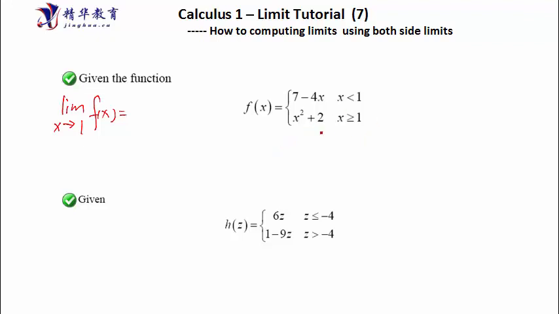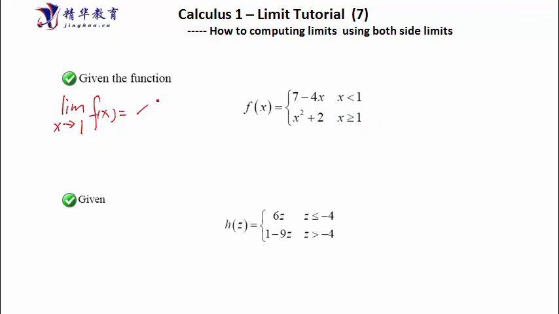You just apply simple substitution. However, x approaching 1 is right at this condition level, right at this boundary. Then we need to consider which one we put in. We don't know which function x approaching 1 belongs to.